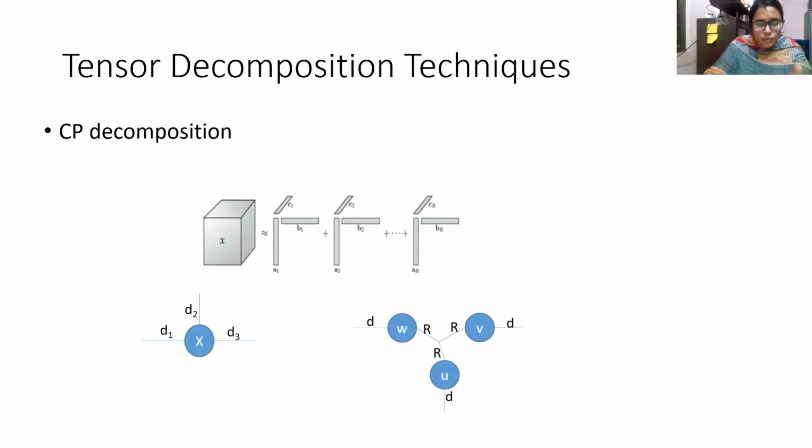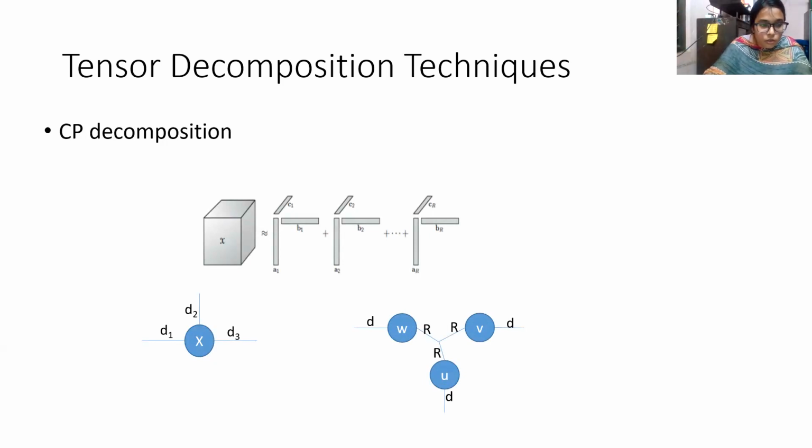CP decomposition is the general form of Tucker decomposition. Here, as you can see, there is a hyperedge with U, V, and W. There are three axes which have the same parameter R. They are all connected together.